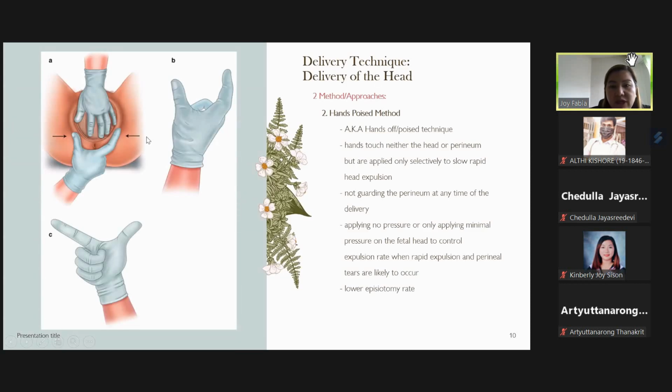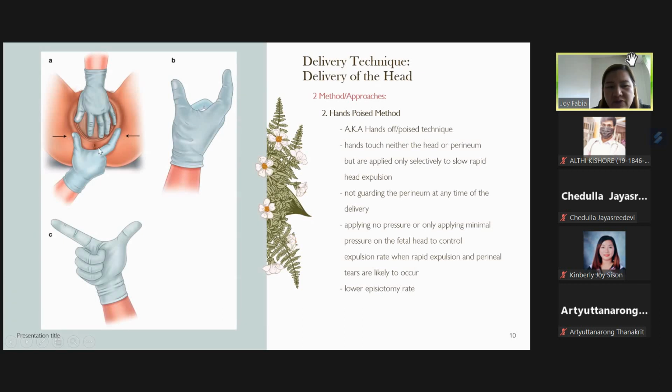But the difference with the hands-poised method, which is also now known as the hands-off technique, is that the hands touch neither the head nor the perineum but are applied only selectively to slow rapid head expulsion. So in the hands-poised method, they don't use the hands.